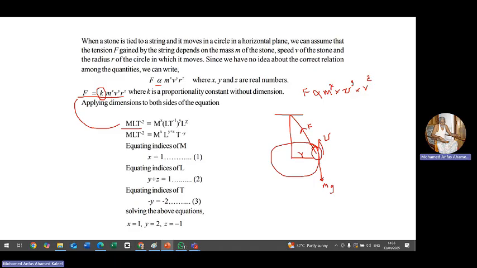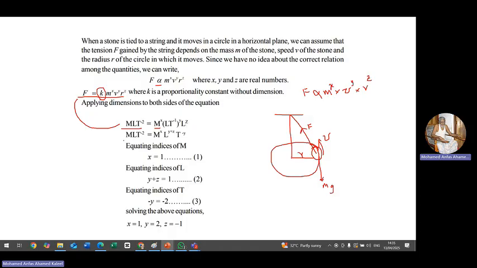The dimension of m is M to the power x, and velocity is LT minus 1, so V to the power y has the dimension L to the power y, T to the power minus y. R is a length, so its dimension is L to the power z.